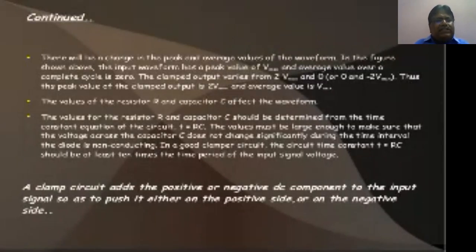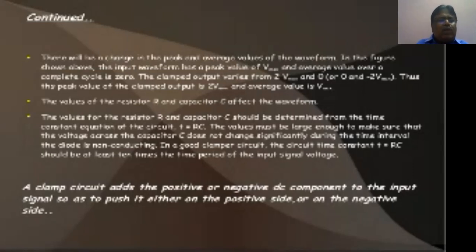Next, there will be a change in the peak and the average values of the waveform. In the figure shown above, the input waveform has a peak value of Vmax, and the average value over a complete cycle is 0. The clamped output varies from 2 Vmax to 0, or 0 to minus 2 Vmax.